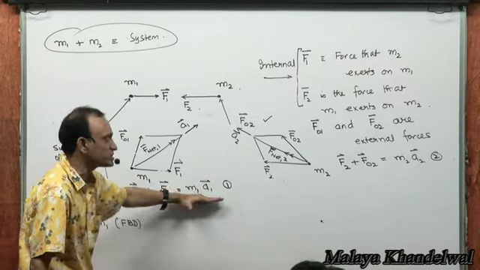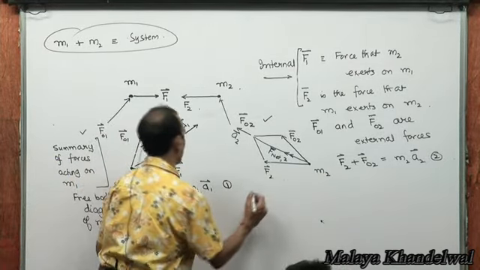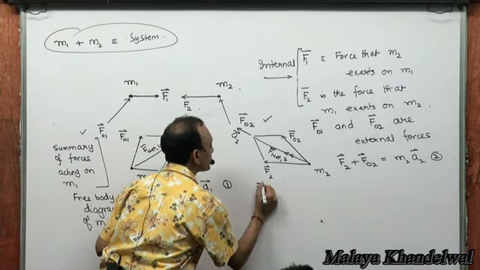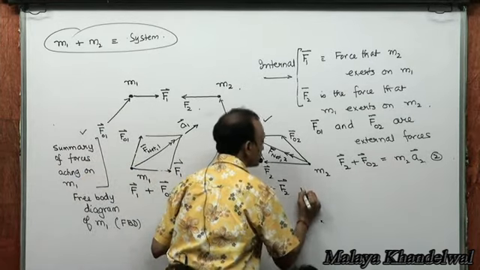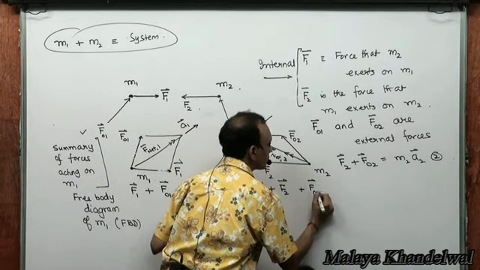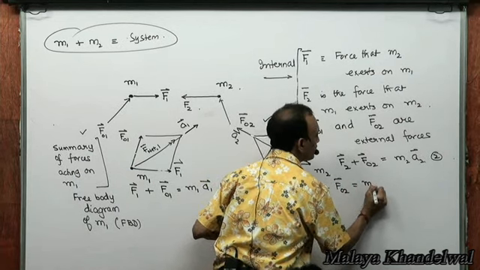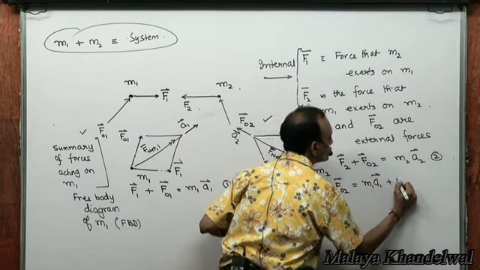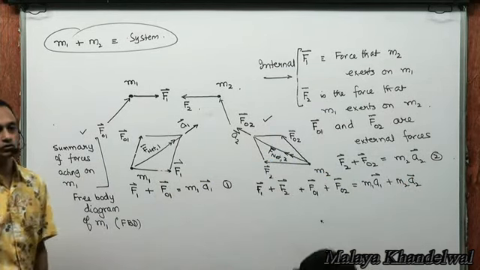Let me add equation 1 and equation 2. When I add them, I get F1 plus F2 plus F01 plus F02 is M1A1 plus M2A2.